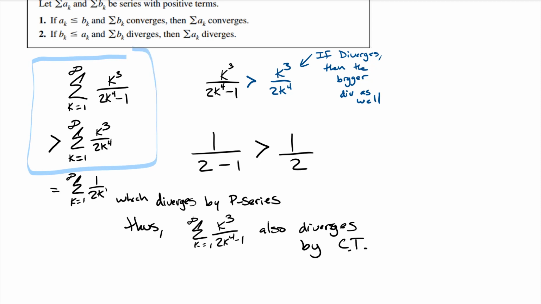We found something that was smaller that we could evaluate. We found out that the smaller thing diverges, goes to infinity. Therefore, something bigger must also go to infinity. And there we are. Let's go to one more.